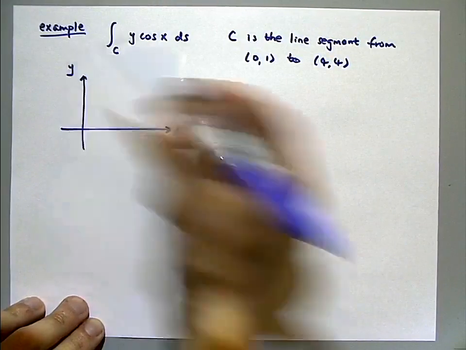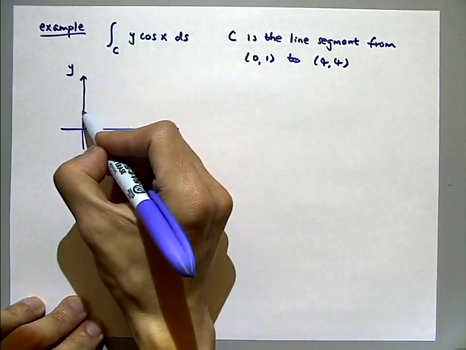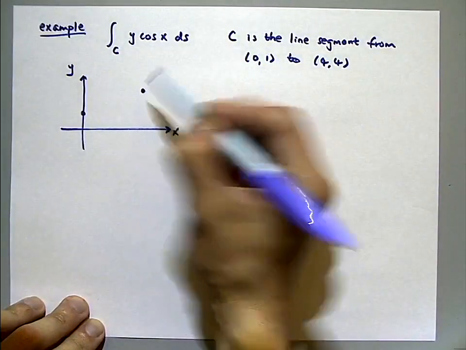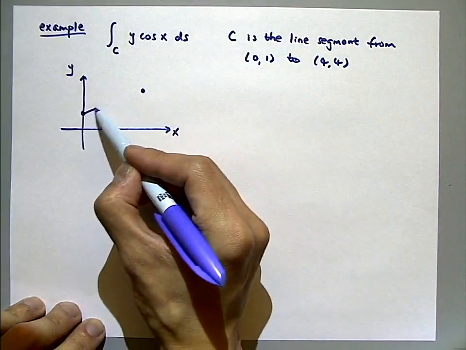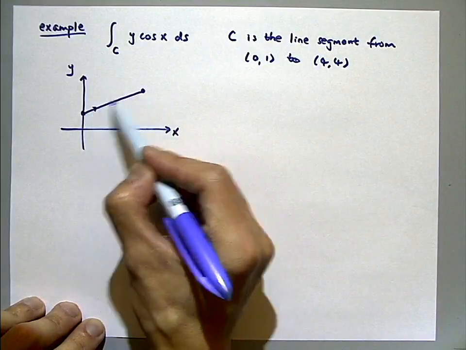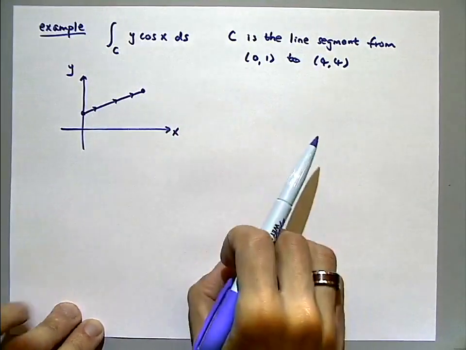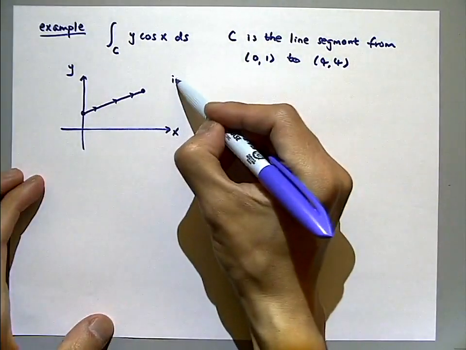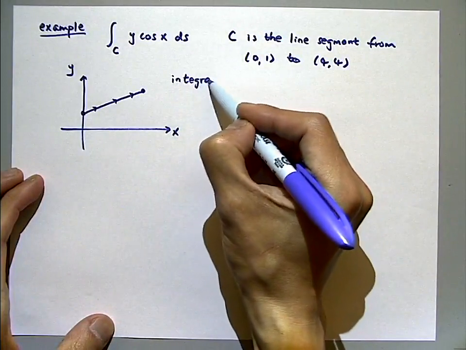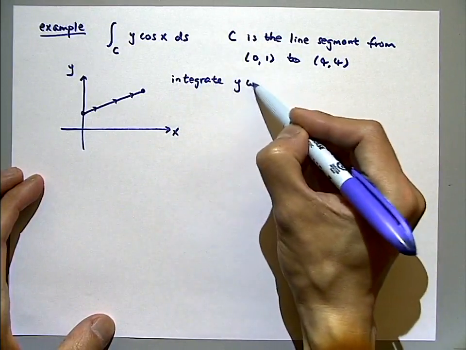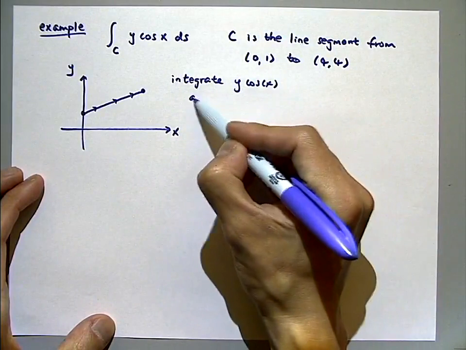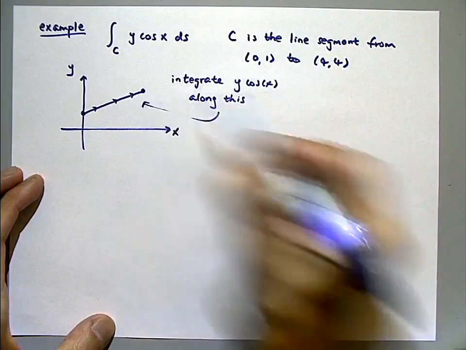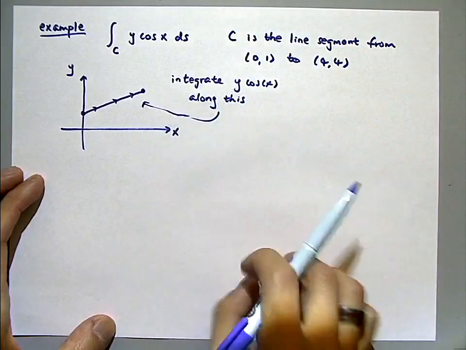Let's try to visualize what's going on. (0, 1) is right here. And then (4, 4), let's say, is right here. And what we're trying to do here is to integrate y cosine x along this segment.